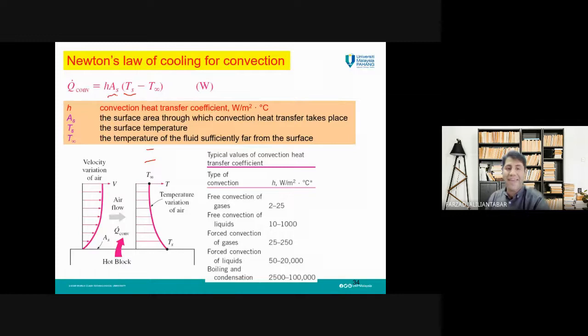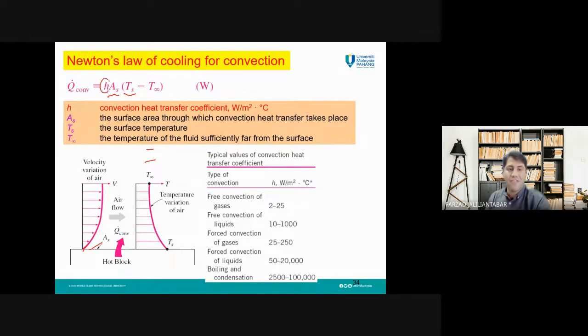We have As, which is the surface, you know, the surface which we cannot see from this direction of view. The surface through which heat transfer is occurring is the area or surface of the convection heat transfer.